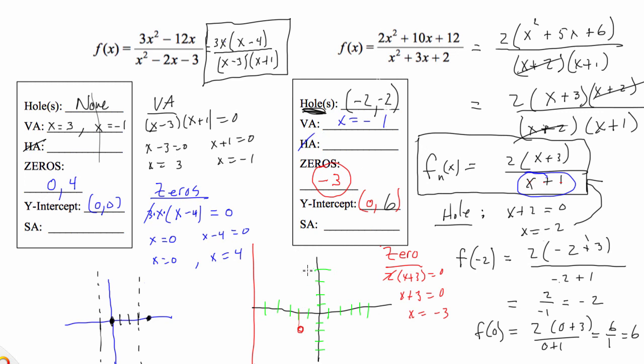The vertical asymptote at x equals negative 1 comes right down through here. Perfect. And I have a zero at negative 3: 1, 2, 3, right here. And I have a y-intercept of (0, 6), so 0, 1, 2, 3, 4, 5, 6 up here somewhere. Let's make this 5. So I have it right there.